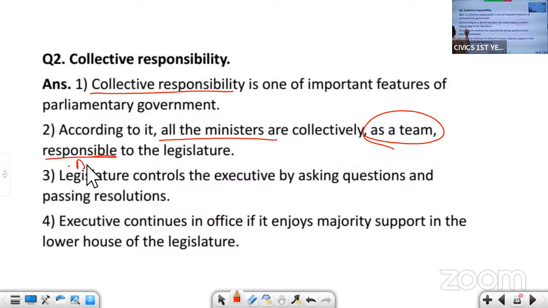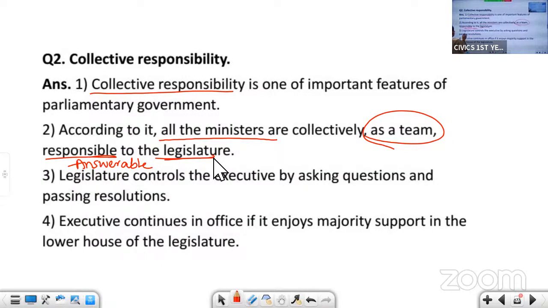Responsible means answerable, answerable to the legislature. So what is collective responsibility? It is one of the features of parliamentary form of government where all the ministers as a team are answerable to the legislature.